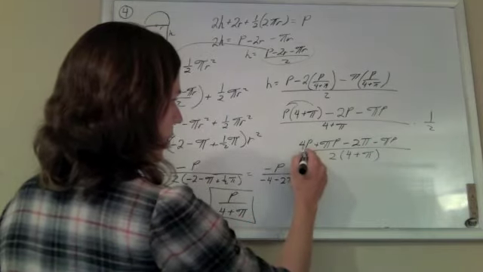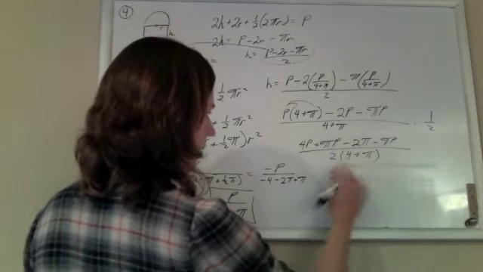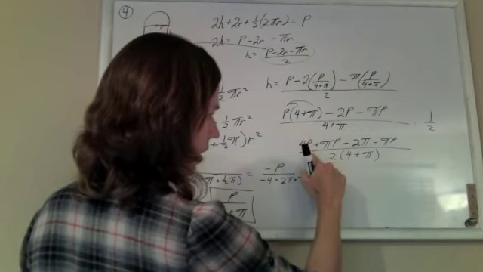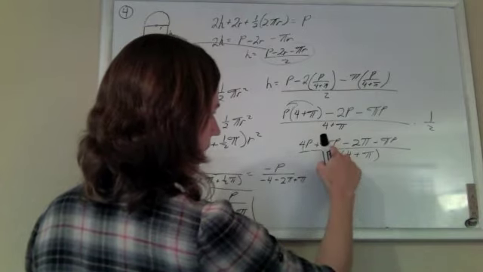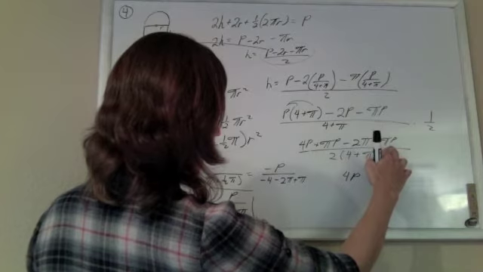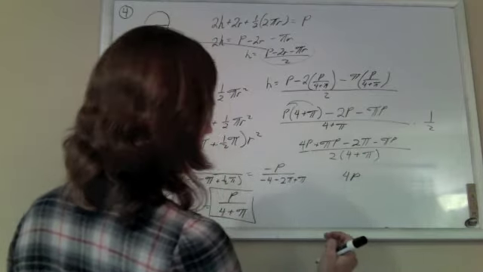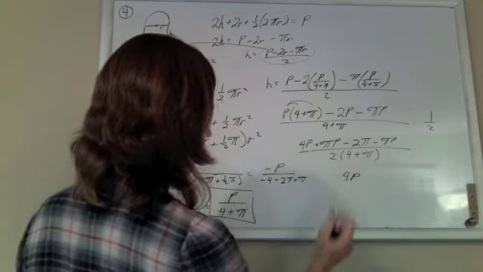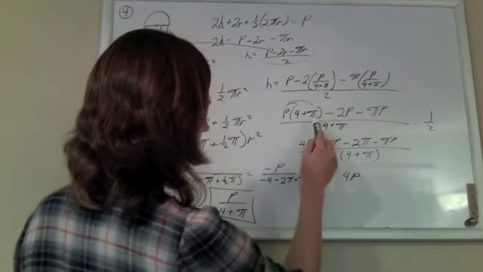Now I've got 4p minus 2p. Where did I lose it?